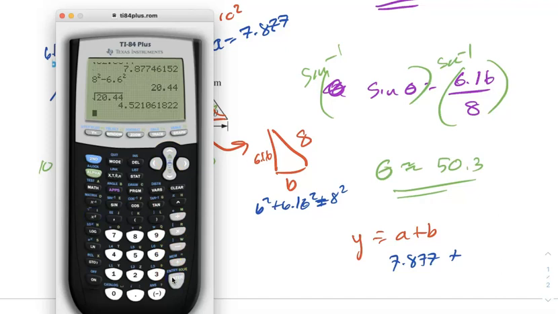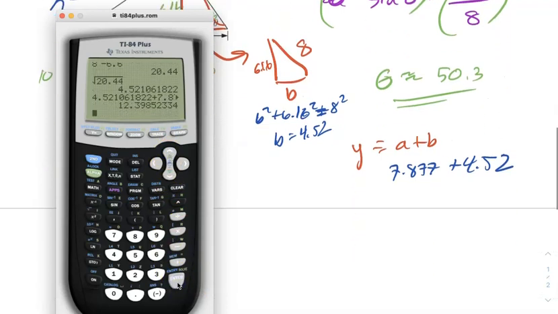And I get 4.52. We add those two up, this answer plus my answer over there, and we get the total, which is 12.4 if you do 36. So there's my y. And there we go. That's the lesson.